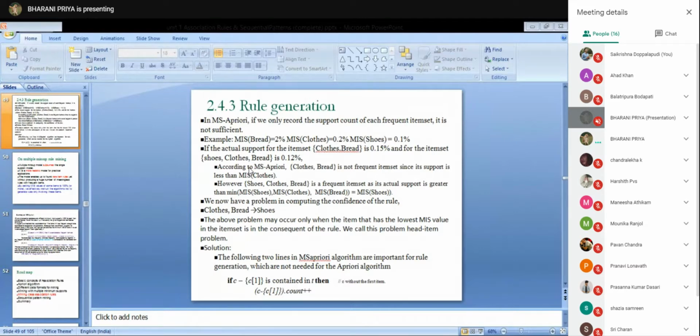But in this case, you see the example, clothes and bread is not frequent, so our algorithm does not calculate shoes, clothes, bread support as clothes, bread is not frequent. But since this is MS Apriori, shoes, clothes, bread may be frequent. Then without the support of shoes, clothes, bread, how will you calculate the confidence? This is the question.